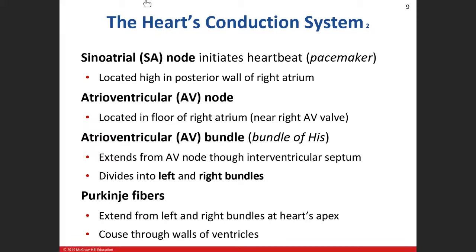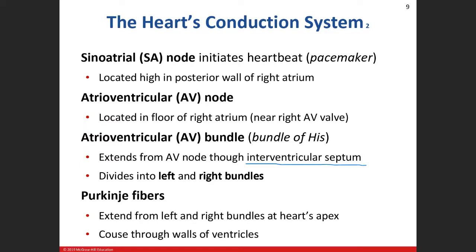The bundle of His, or the atrioventricular bundle, is found in the interventricular septum, in between the left and right ventricles. Then, partway down, it splits off into right and left bundles.